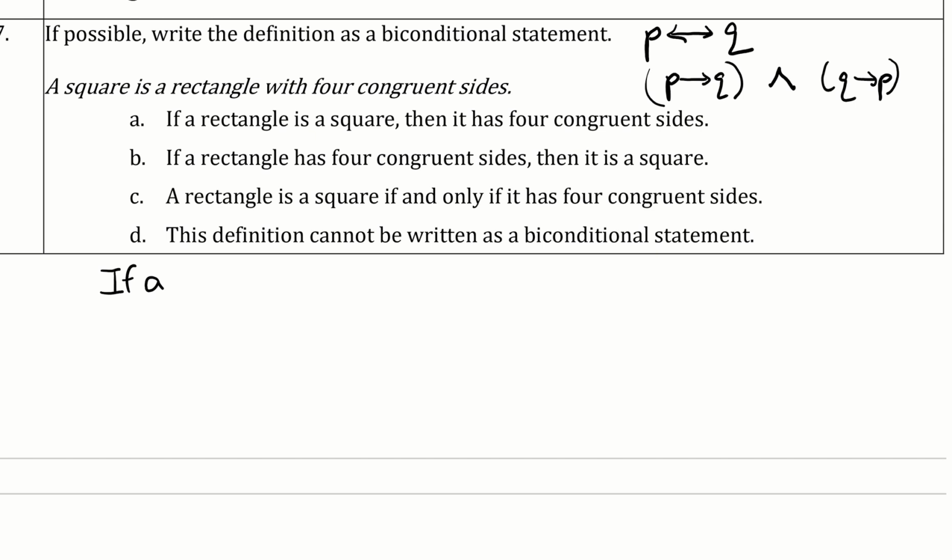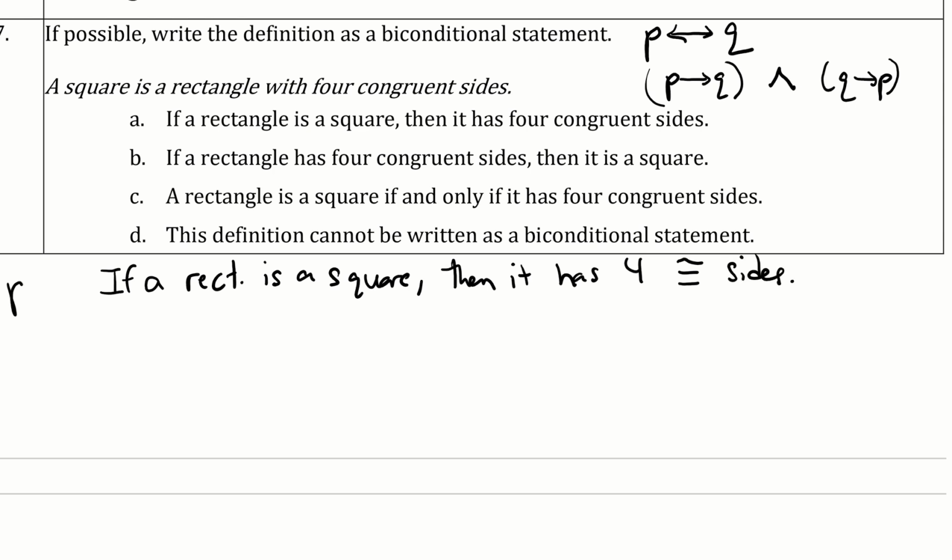So we can write, if a rectangle is a square, then it has 4 congruent sides. Let me just use the symbol for congruent. So this is the conditional. This is P implies Q, the forward direction. Is that true? Well, if it's a square, then it has 4 congruent sides.